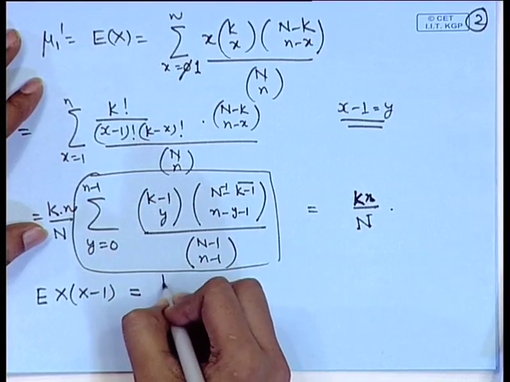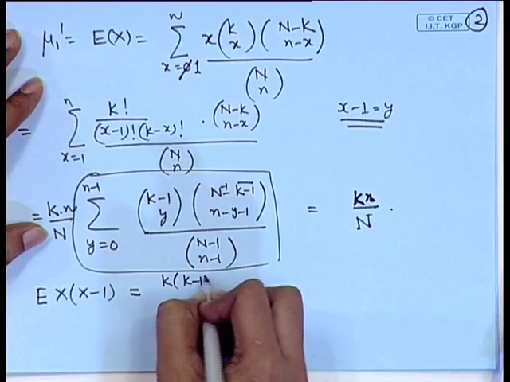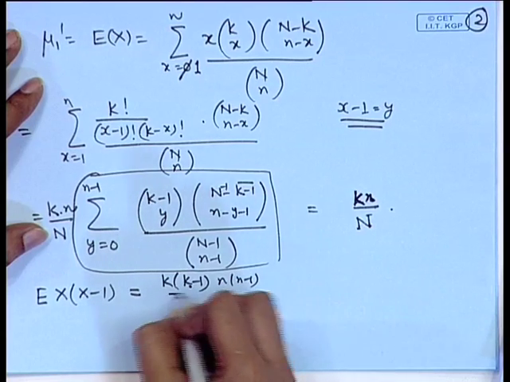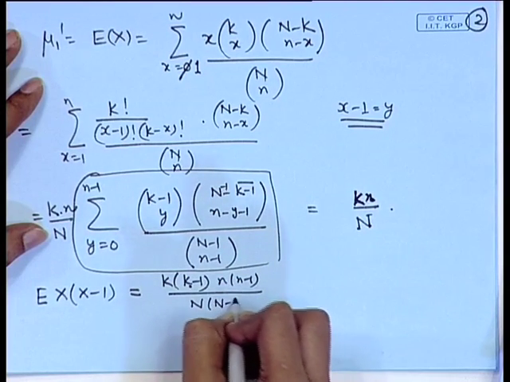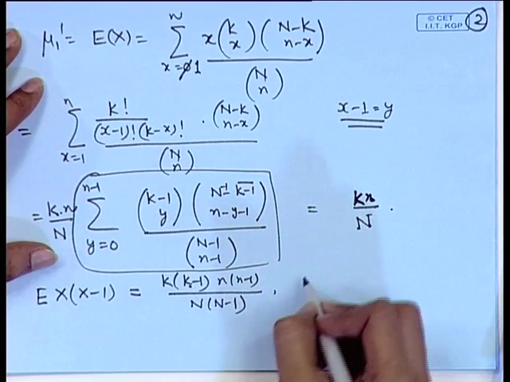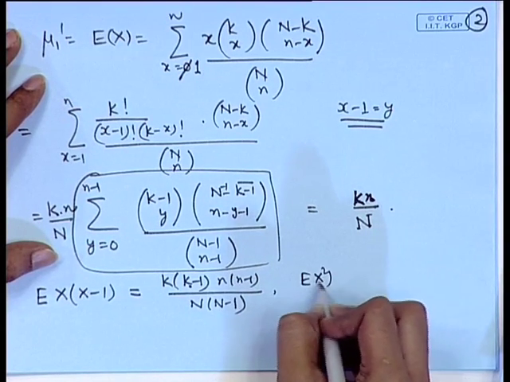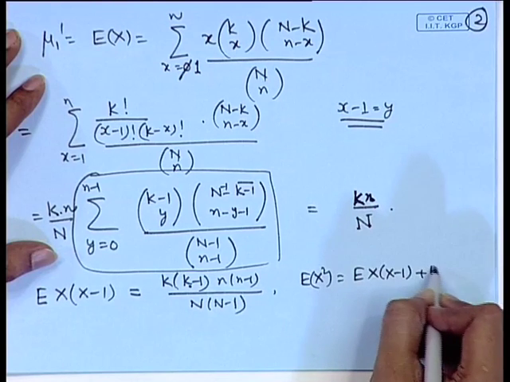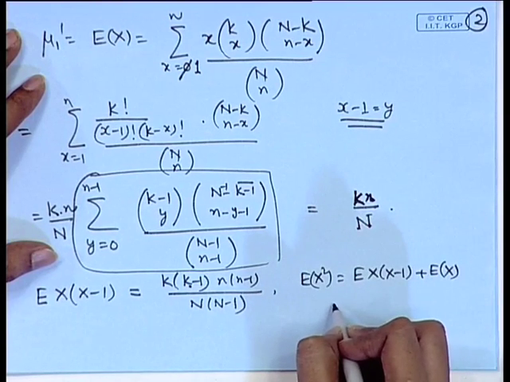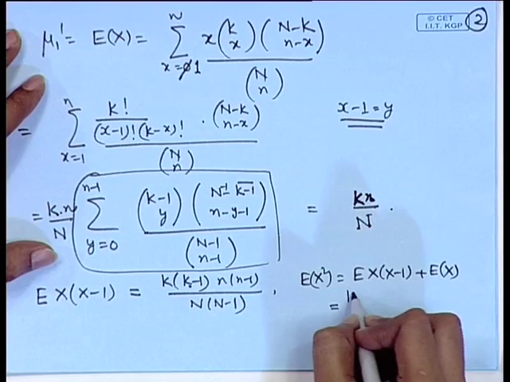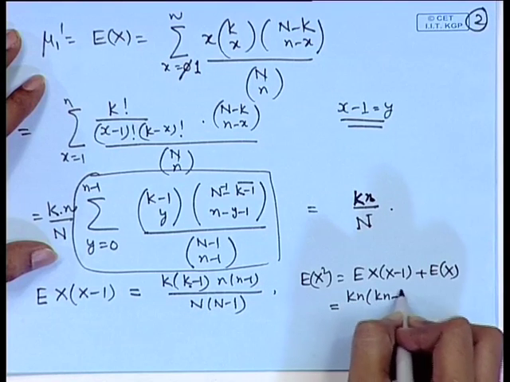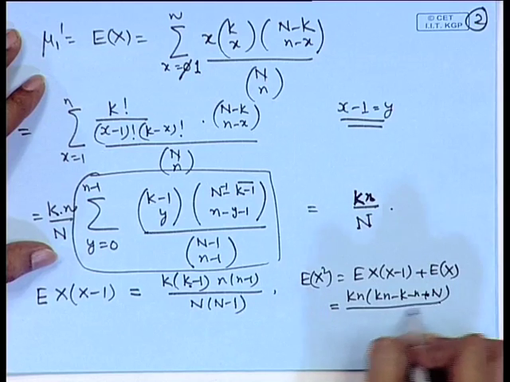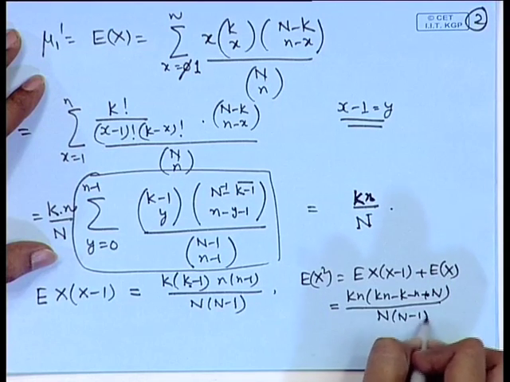The final expansion will give us k into (k minus 1) n into (n minus 1) divided by N into (N minus 1). This gives us expectation x square, which is equal to expectation of x into (x minus 1) plus expectation x, as kn into (kn minus n plus N) divided by N into (N minus 1).